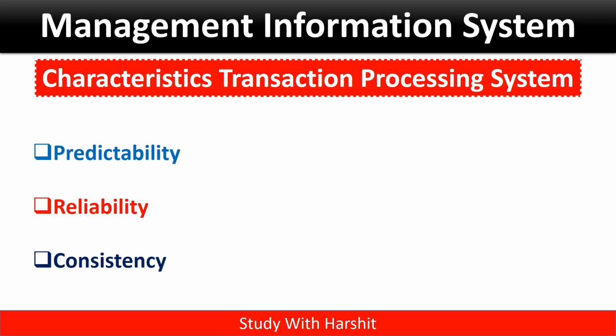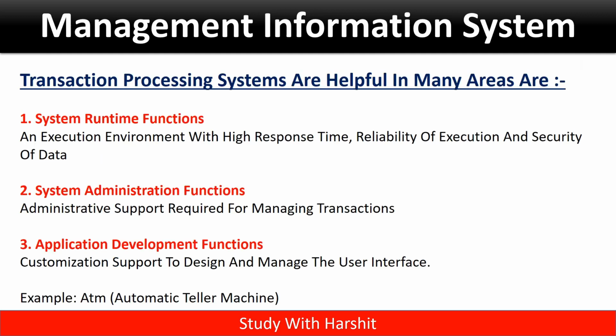Characteristics of transaction processing system: predictability, reliability, consistency. Transaction processing systems are helpful in many areas. First, system runtime functions: an execution environment with high response time, reliability of execution and security of data.